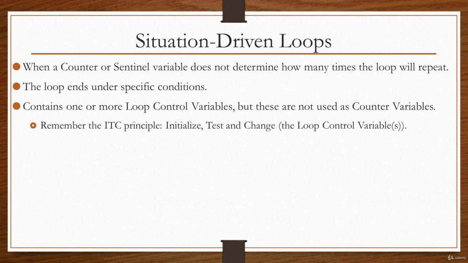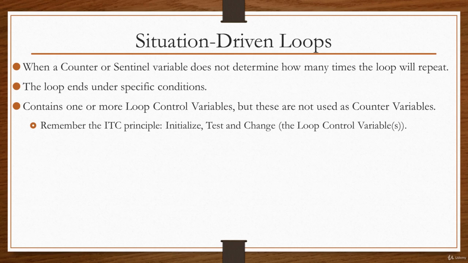Finally, for this video, I'd like to talk about situation-driven loops. So when a counter or sentinel variable does not determine how many times the loop will repeat. So the loop ends under specific conditions, as opposed to having a predetermined amount of repetitions, as you do with a counter, or when you have the user enter 0 or something like that to break out of a loop or to stop the loop once they are done entering a sequence of values.